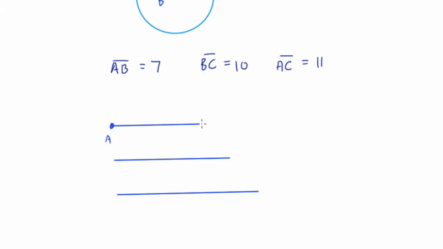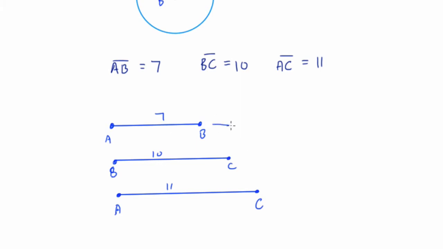So if we go from A to B, we get 7. We go from B to C, we get 10. And we go from A to C, we get 11. And then we start thinking, somewhere in each of these lines are the breaking points of each circle, right? So that means we're adding the radii from each circle to get these numbers.